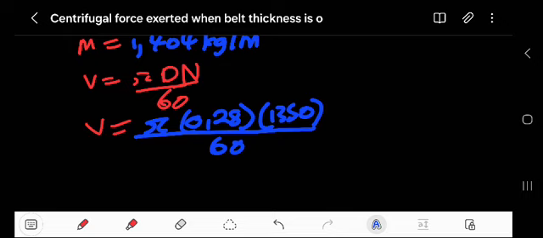The velocity will be 19.79 meters per second.